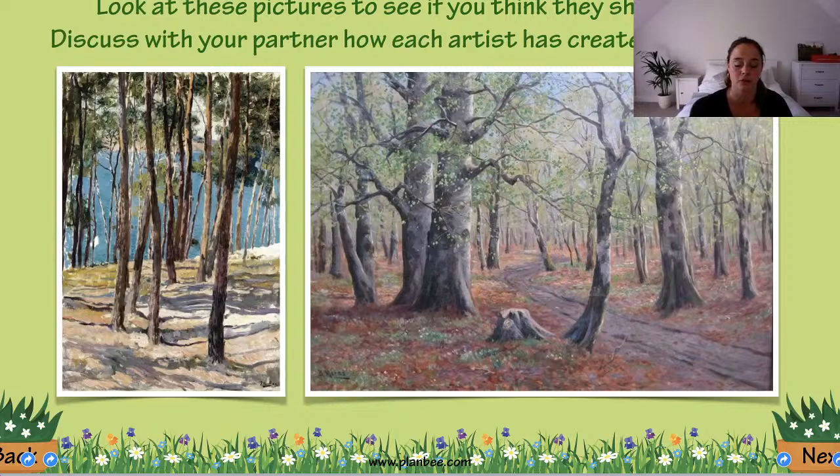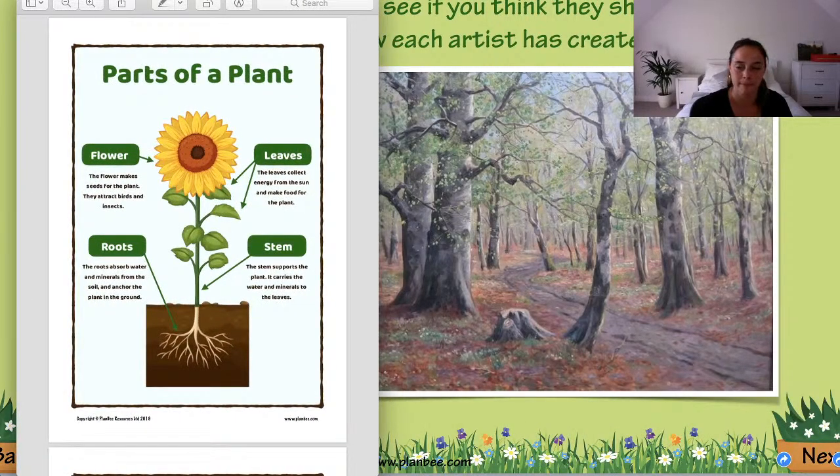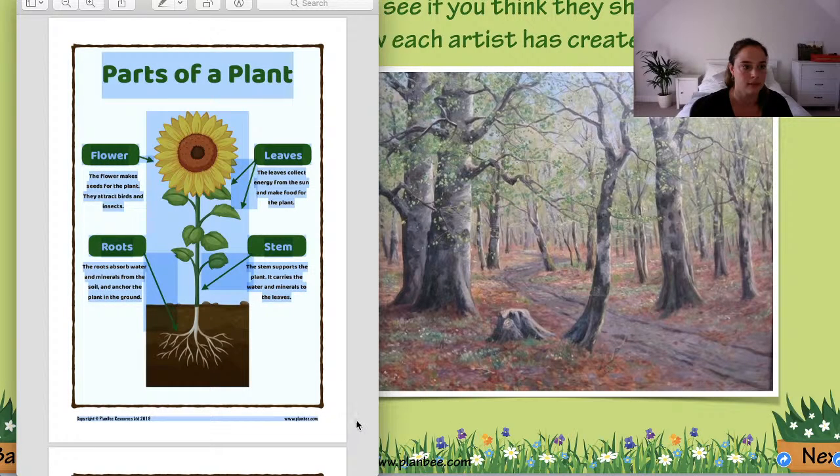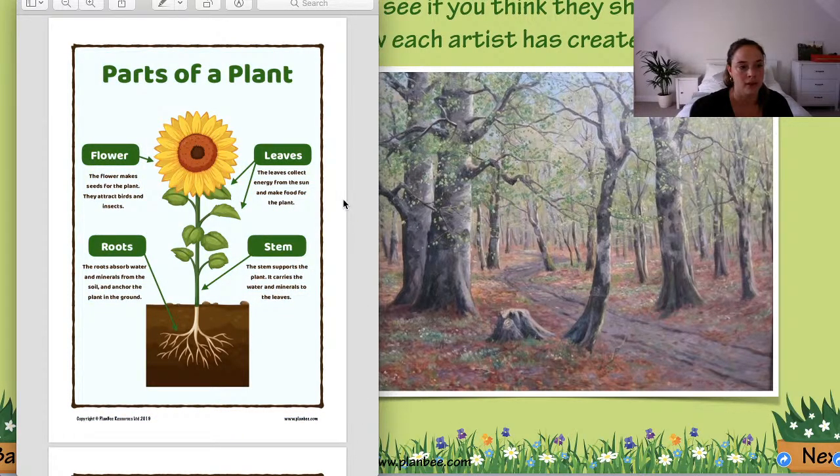While the children are working as well, I wanted to show you some really nice freebies that I've put in the folder for you. If you wanted to extend this learning further, you can always have a go at some of these things. They don't always have to be art related. If you wanted to link this learning to science, for example, you could have a look at this freebie. This one is parts of a plant, and you can, with the children, look at the plant's leaves, the flower, the roots and the stem.